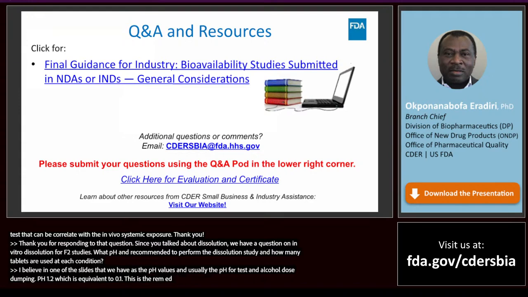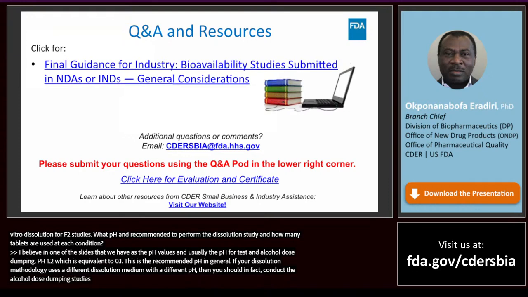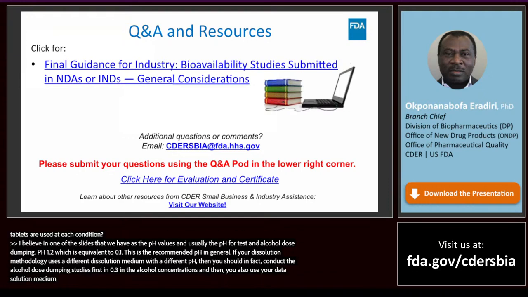But if your dissolution methodology uses a dissolution medium that has a different pH, then you should conduct the alcohol dose dumping studies first in 0.1 normal HCl using all of those alcohol concentrations, and then also use the dissolution medium in your regulatory method.